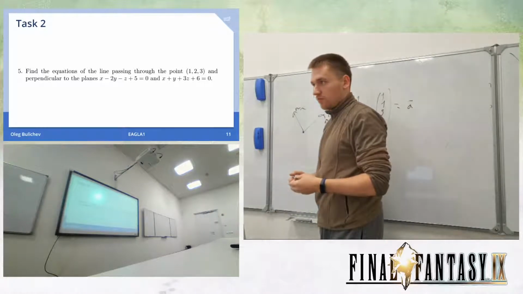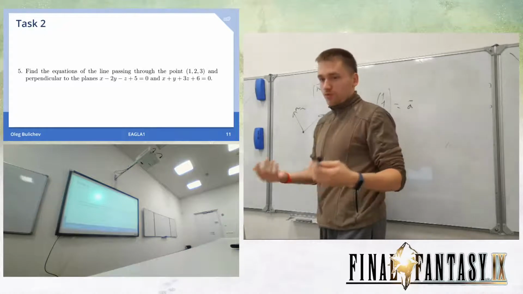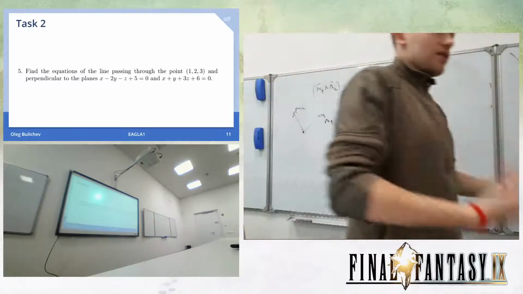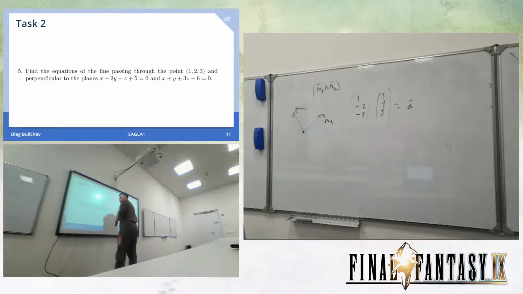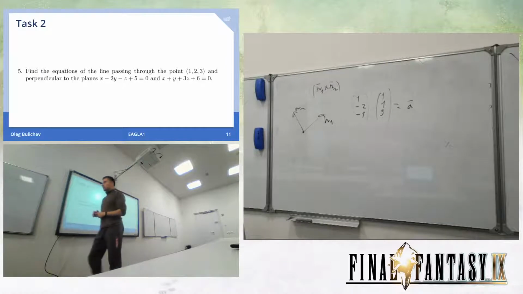So it's perpendicular to the normal line. Yes, so you can rephrase it as not perpendicular to the planes, but perpendicular to the normal lines of these planes. Because in this case, you can interact. I mean, you know what perpendicular and normal lines mean. It's one possible way to solve this task.